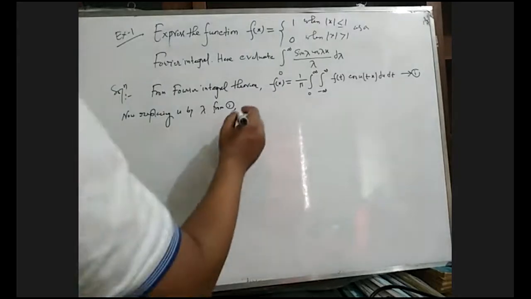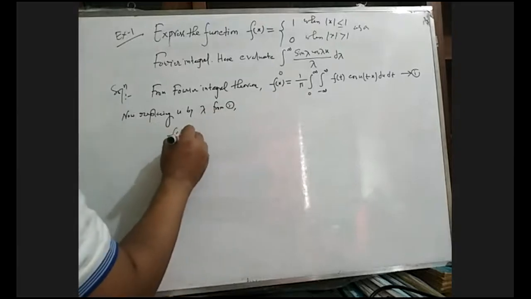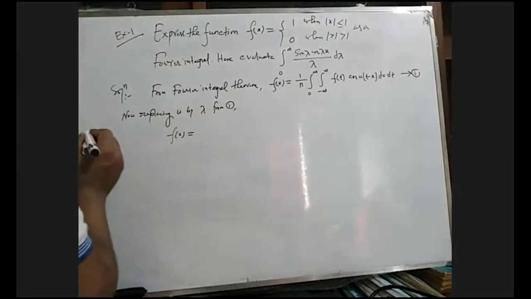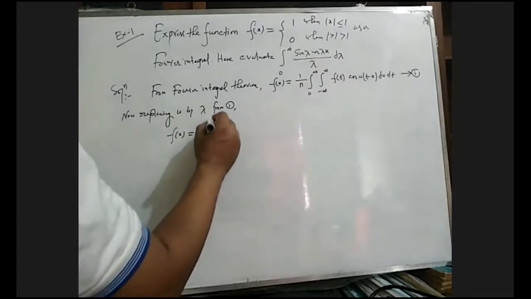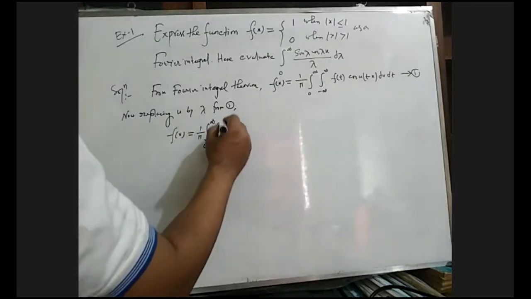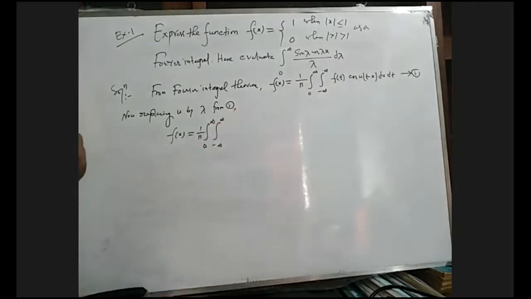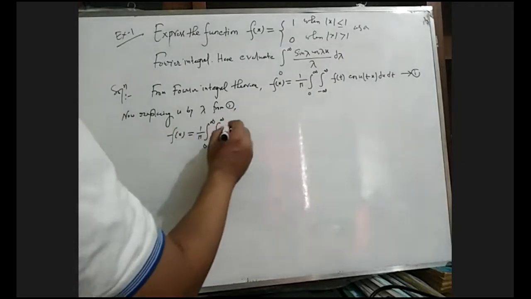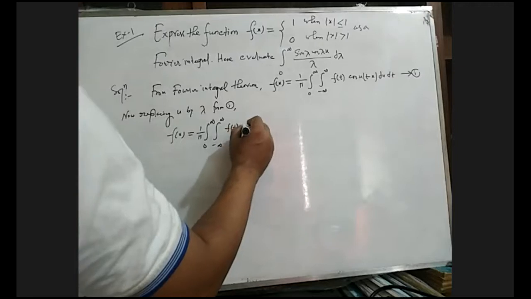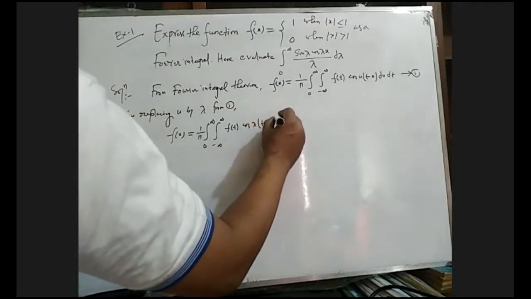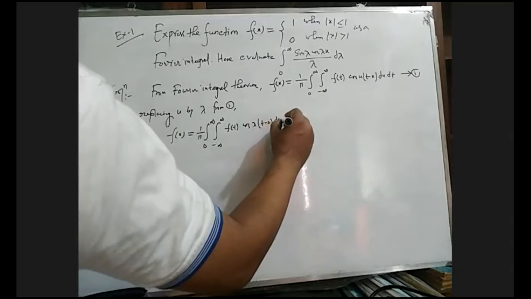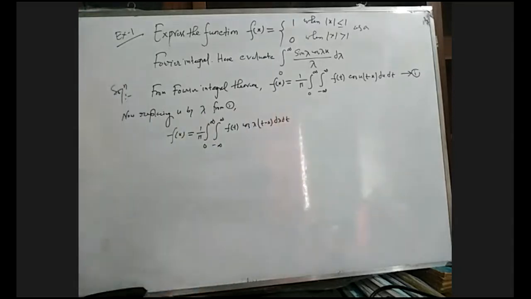So this can be written as f of x equals 1 by pi, integral from 0 to infinity, and t from minus infinity to plus infinity, f of t cos lambda (t minus x) d lambda dt. Just replacing.